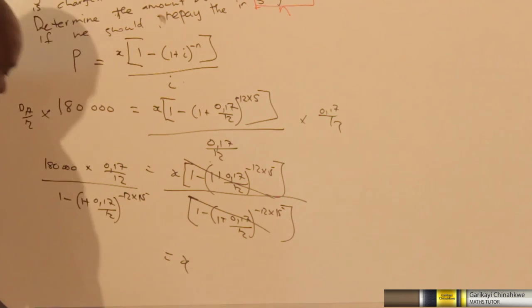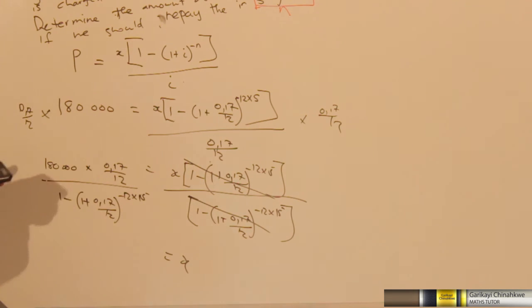Then you are supposed just to take your calculator, then you punch these figures into your calculator as they are. So you're going to say 180,000 multiplied by 0.17 over 12, then 1 minus 1 plus 0.17 divided by 12, then it is to the power of negative 12 times 5.